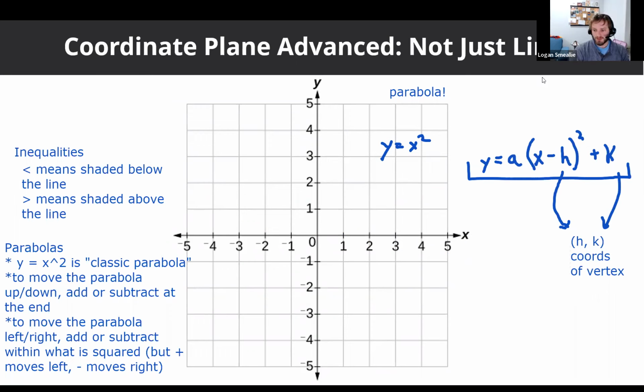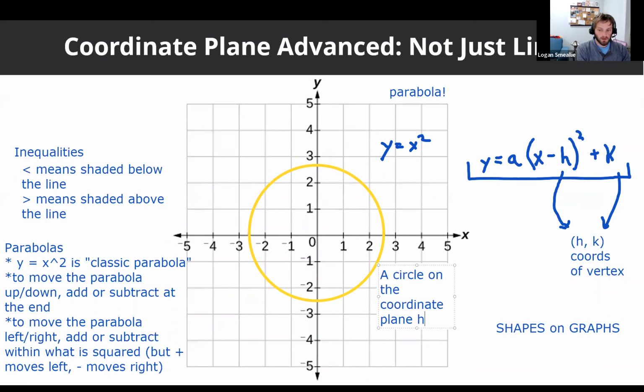Okay, so the last thing that I mentioned is sometimes you're going to see shapes on graphs. Well, what am I talking about? Sometimes they might do something like this. Let's make a circle. Let's move that circle like there. It looks like in this case, my circle has a radius of about 2.5 based on the graph. This is just to give you a heads up that they might sometimes have a problem like, a circle on the coordinate plane has a radius of 2.5 and a center at 0, 0.